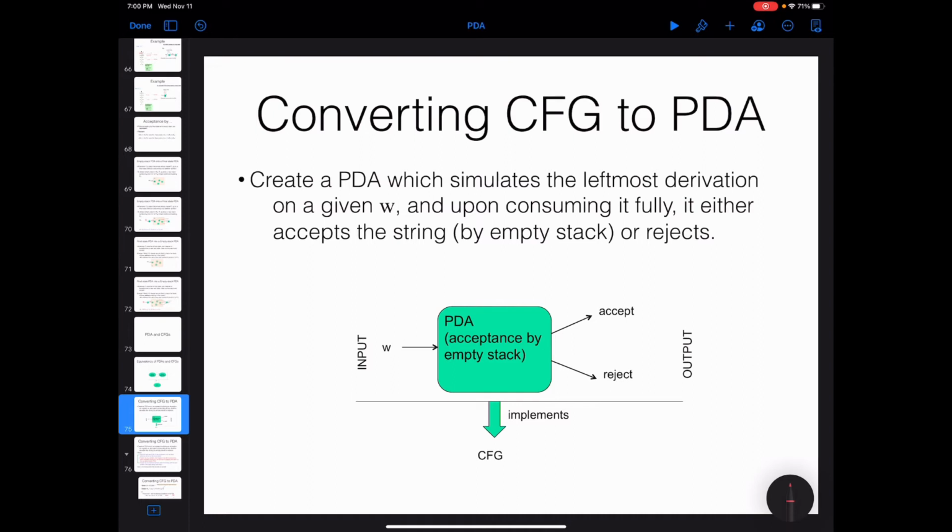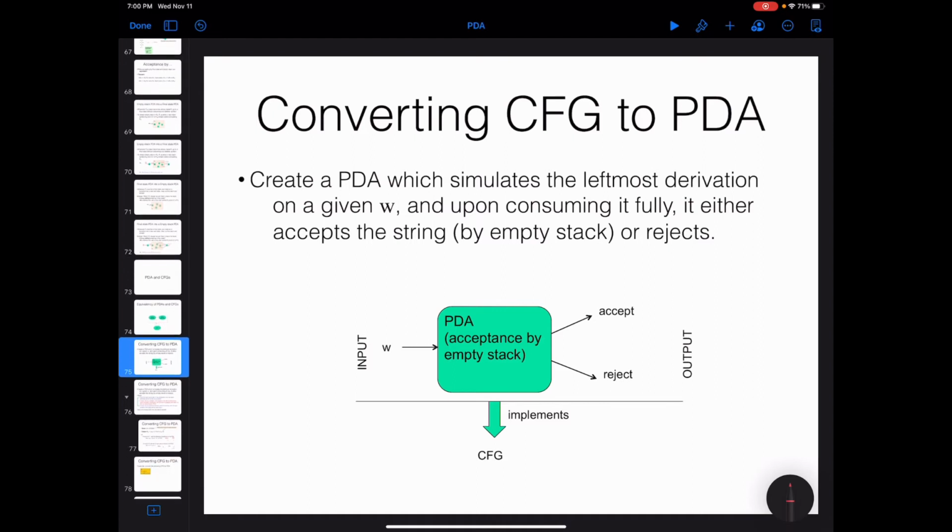And that is going to be a pushdown automata that accepts by empty stack. The reason that I have discussed the pushdown automata that accepts by empty stack is that all the proofs that we do over the context-free languages and pushdown automata are basically working on pushdown automata that accept by empty stacks. This is just a more theoretical representation for the pushdown automata.